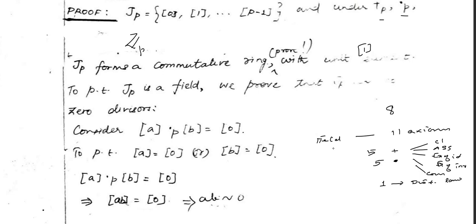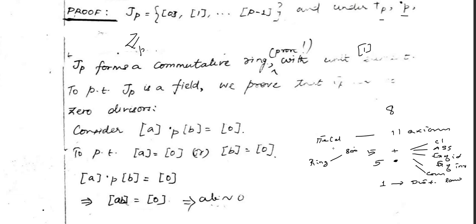Another method is that it should be a ring, which means 8 axioms are needed. Closure, associativity, existence of identity, existence of inverse, commutativity with respect to plus, and closure, associativity for multiplication, so 6, 7, distributive law 8. So 8 axioms for a ring.